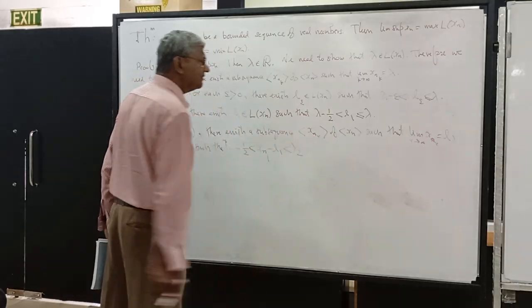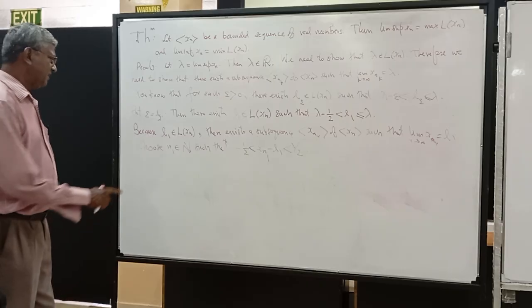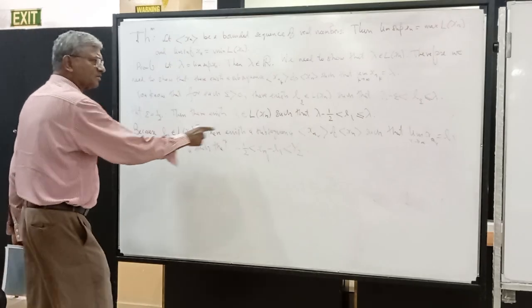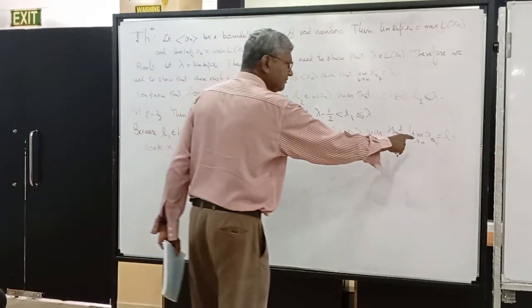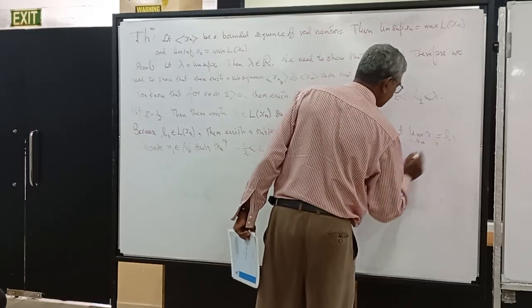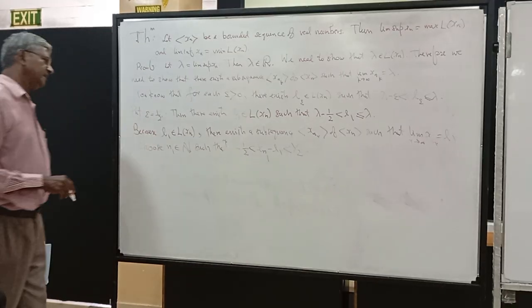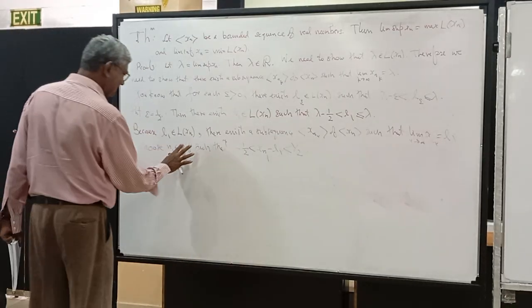Lambda minus 1/2 is strictly less than L1, less than or equal to lambda, and I have chosen N1 because the limit as k tends to infinity of x_{n_k} is equal to L1. So you can choose an N1.